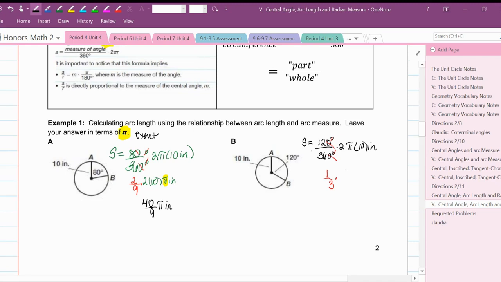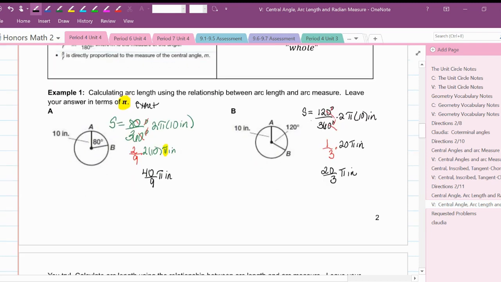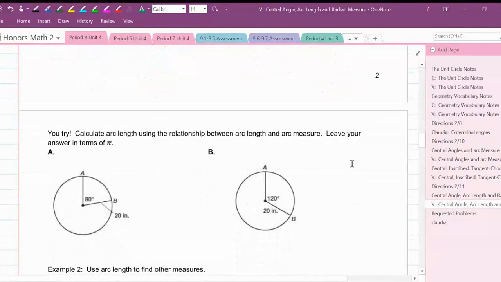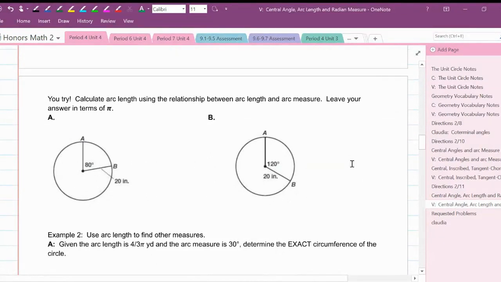And then we have 20 pi inches, so this is 20/3 pi inches. All right, the next are for you to try, so go ahead and pause the video and compute the arc length of these two circles, giving me the exact answer. That means pi is part of your answer.